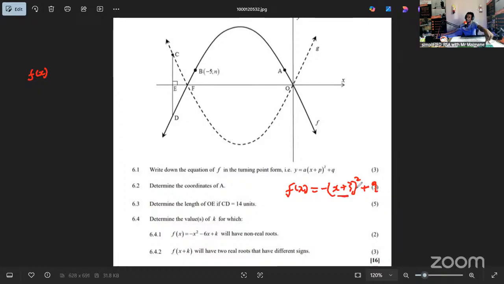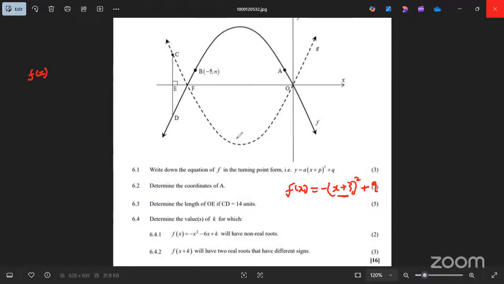But now, because it's 2 marks, you don't necessarily have to analyze delta. Aren't we supposed to find A, B, and C?